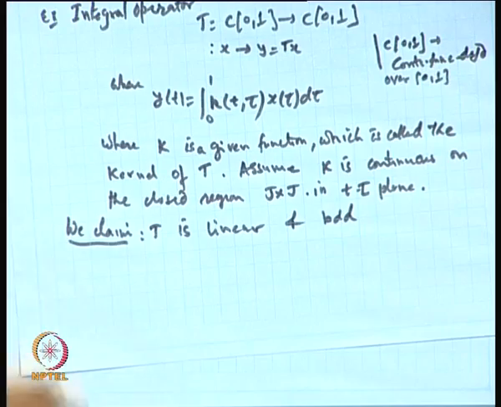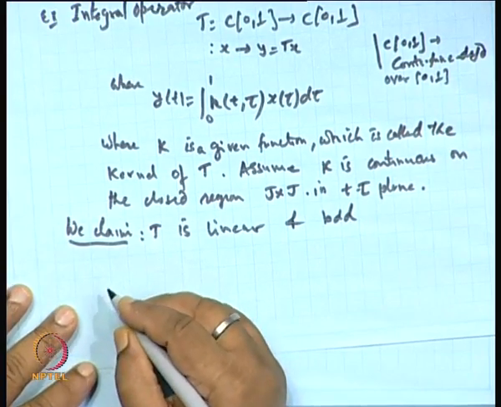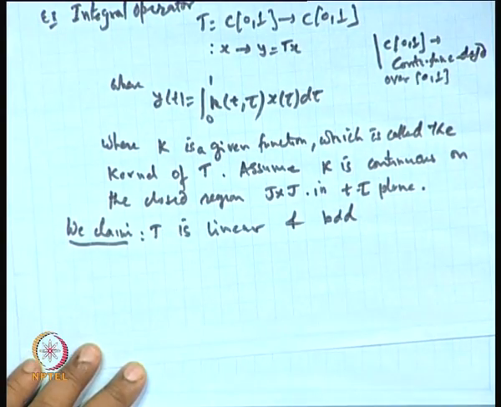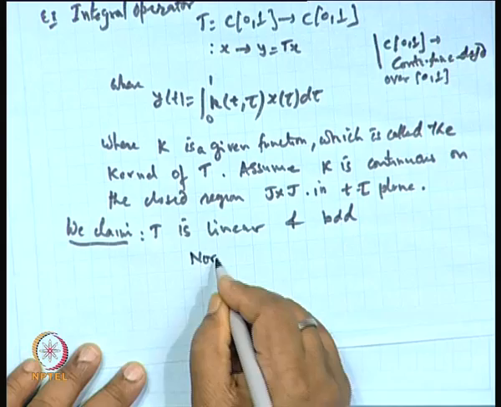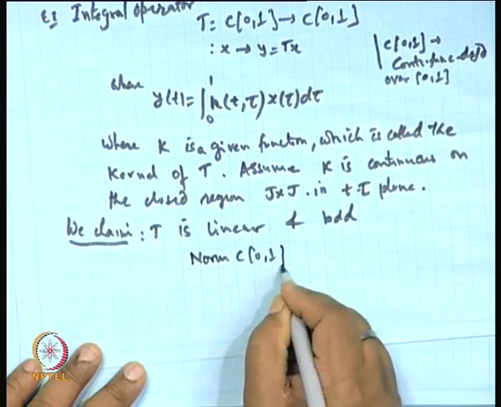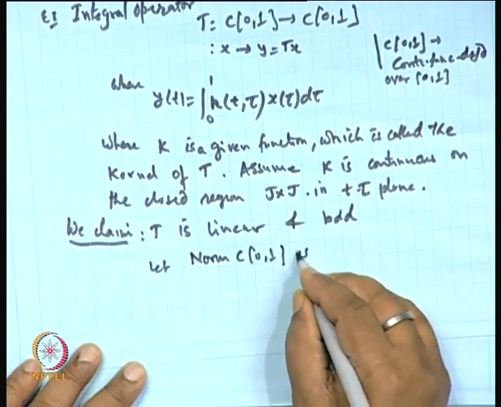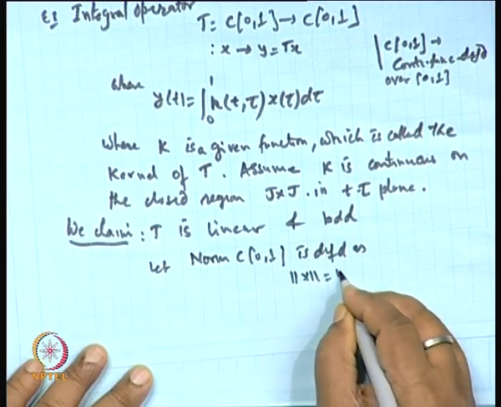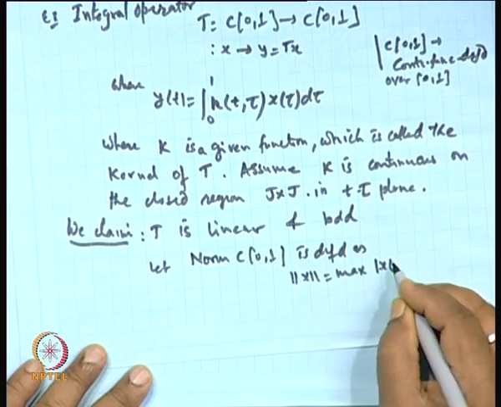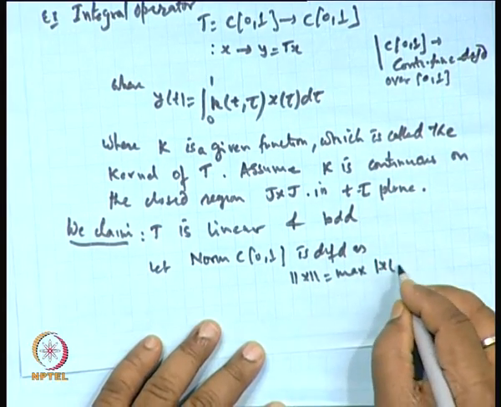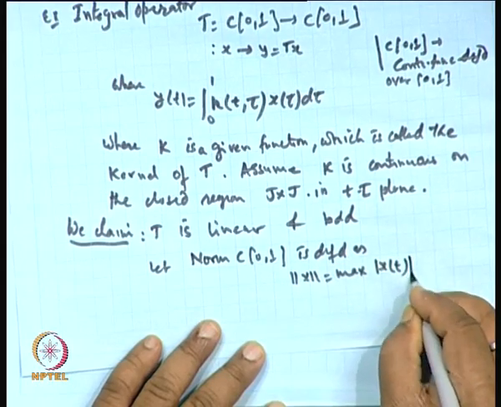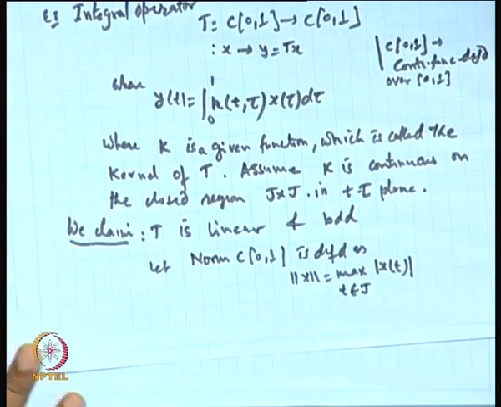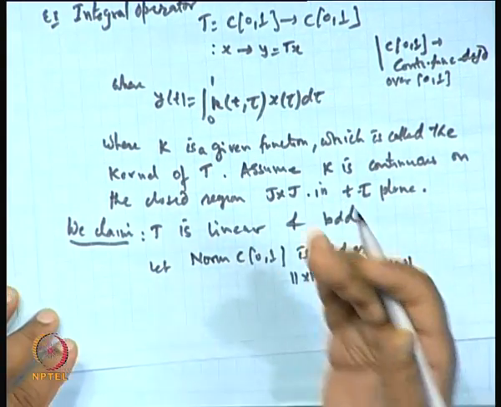To show the boundedness, let us see. The functions are continuous functions, and the norm on C[0,1] is considered as the norm of x as the maximum of mod x(t), where t belongs to J. Because there are two ways of defining the norm, one is this way, another one is the integral form.